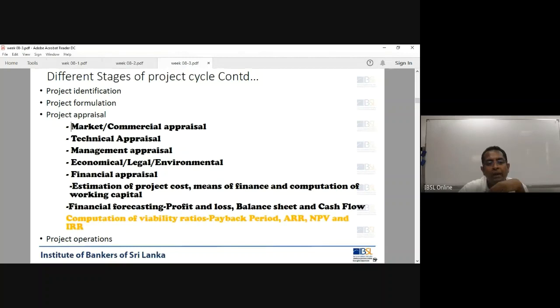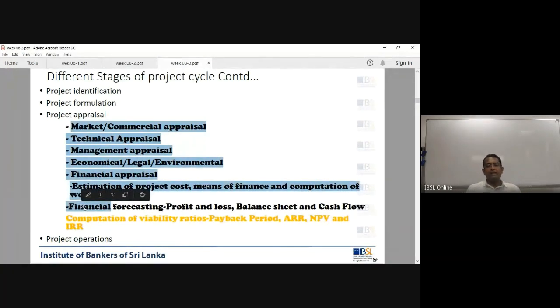So in project appraisal, we cover all these items: market and commercial appraisal, technical appraisal, economic and environmental, and financial, right? For any commercially viable project in any industry, the most important thing is the market appraisal. Why? Without knowing the market, we can't plan anything else.